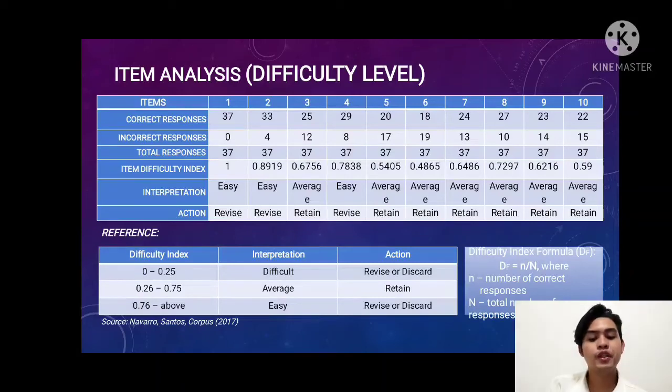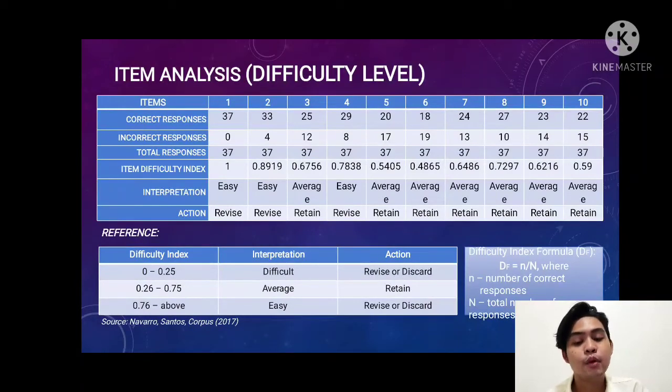A difficulty index of 0.26 to 0.75 has an interpretation of average with an action of retain. A difficulty index result of 0.76 and above has an interpretation of easy with an action of revise or discard. So now let's go back to item analysis.